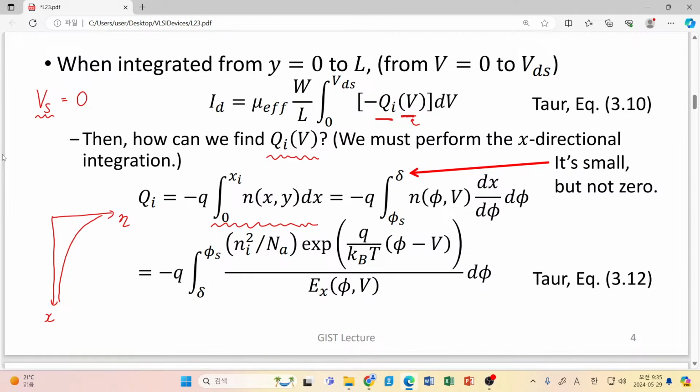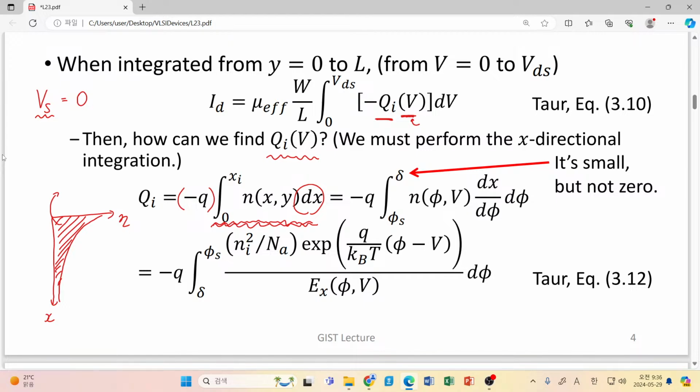If we take the integration of this electron density, that gives us the integrated electron density, and each electron has minus q as its charge, so we multiply by minus q. So this Q sub I is nothing but a converted value of the integrated electron density. Also please note that this integration is not performed in the y direction, but in this vertical direction, the vertical direction of our MOS system.